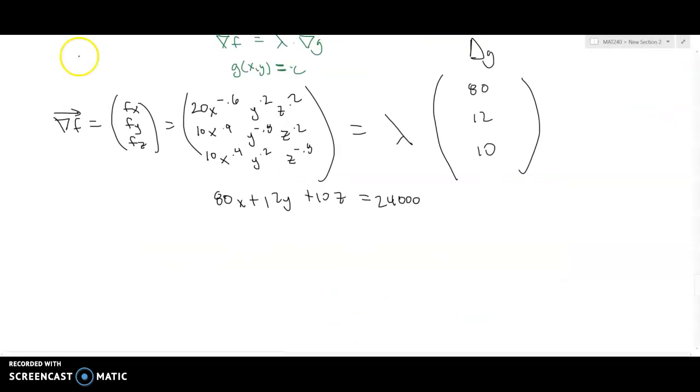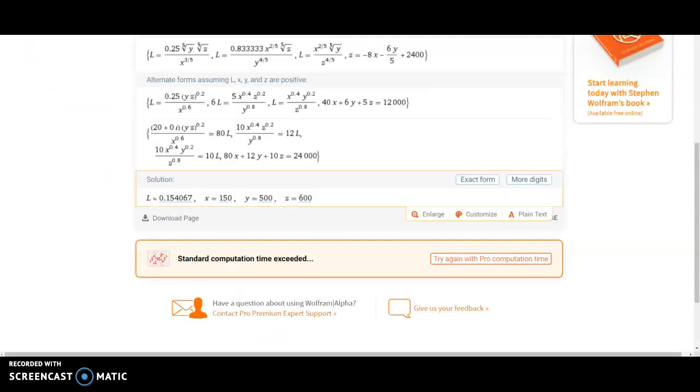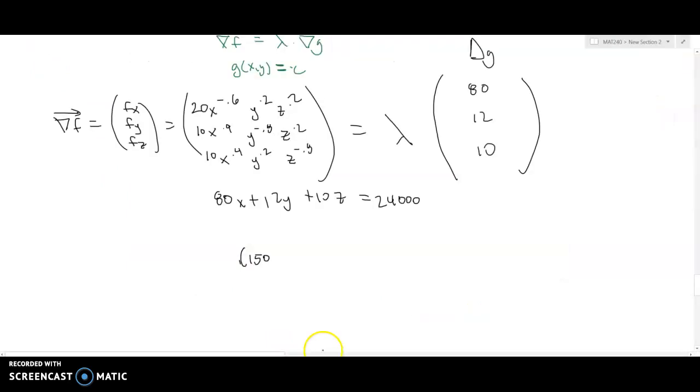So when we solve this, we can say that 150 and 500 and 600, that combination represents a max.